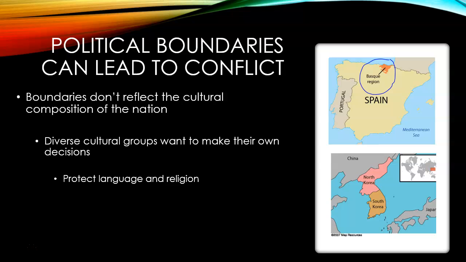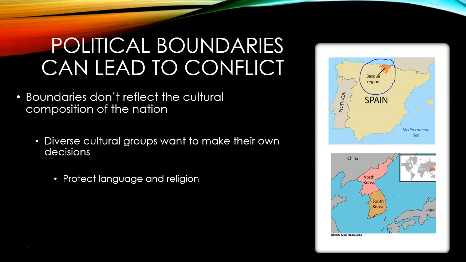It can also lead to movements to perhaps become independent. We've seen this in the Basque region. We've also seen this in Canada, in Quebec. Quebec is the French-speaking province in Canada, and there have been several times where they have tried to become independent from the rest of Canada.